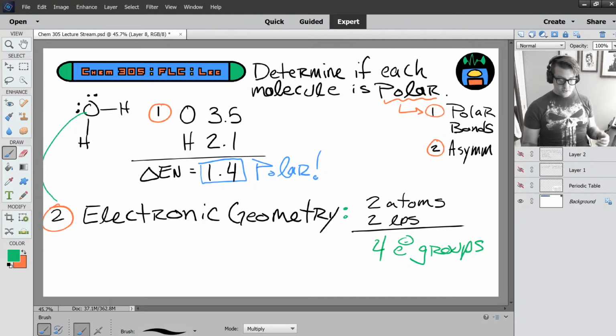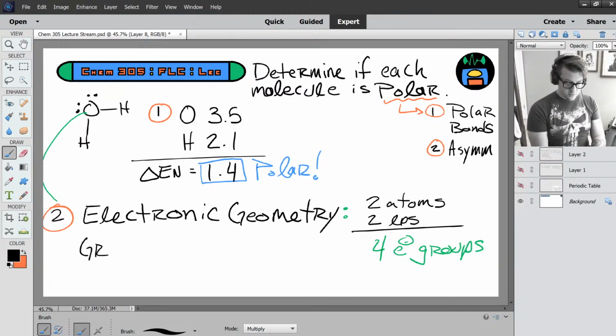A compound with 4 electron groups, a central atom that has 4 electron groups, for this to be symmetric, we need 4 of the same thing, all right? But what are the groups around oxygen? Two H's and 2 lone pairs.